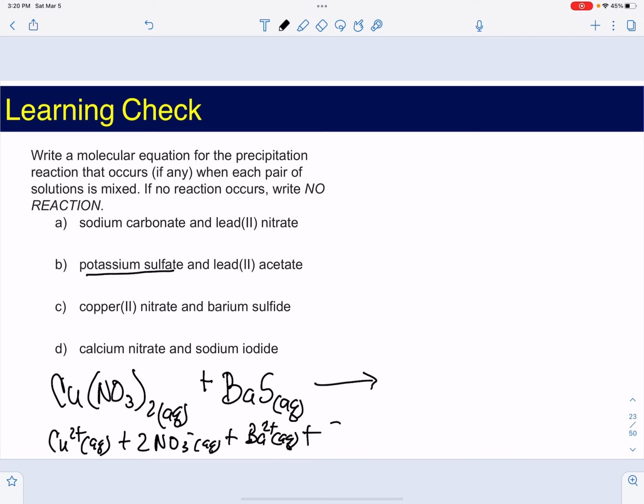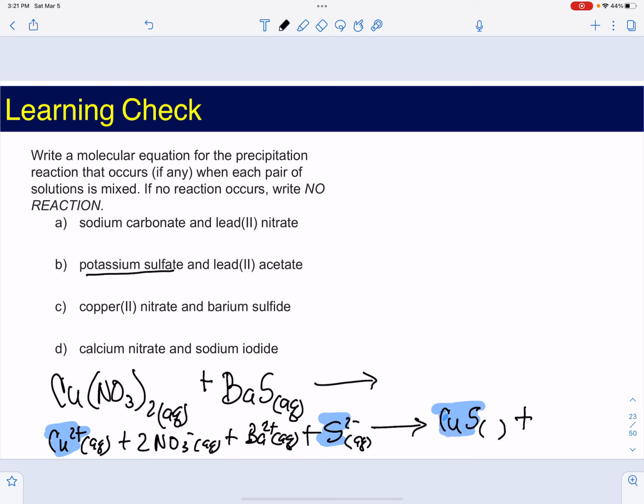And one sulfide, which is in group 16, aqueous also. So when they combine, the positive is going to go with the new negative. So that's going to give me copper sulfide, which I don't remember if it's soluble or not, so I'm going to have to check the table. So let's write it like that for right now.